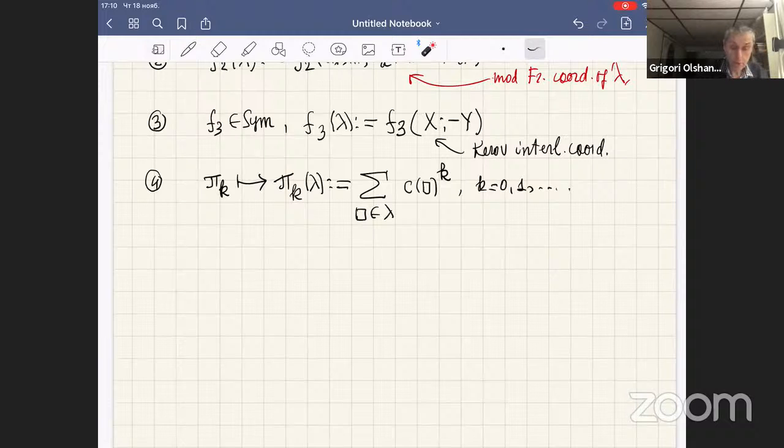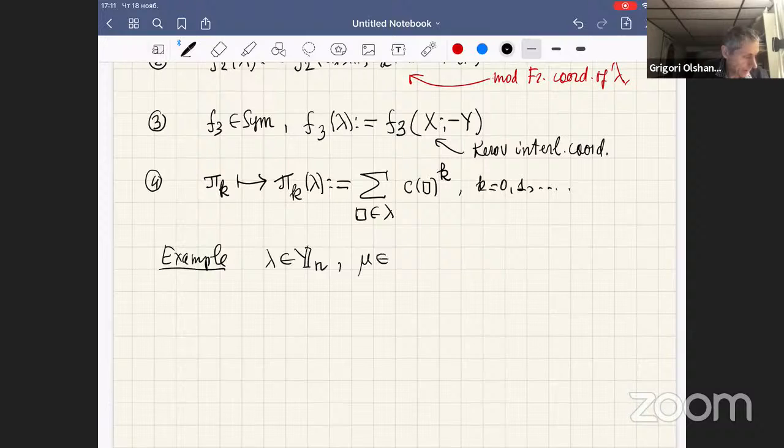And some important example I recall. An example of a regular function is obtained as follows. We assume that lambda has n boxes and mu has m boxes, and m is smaller than n.